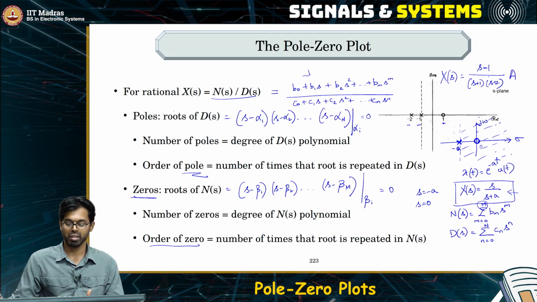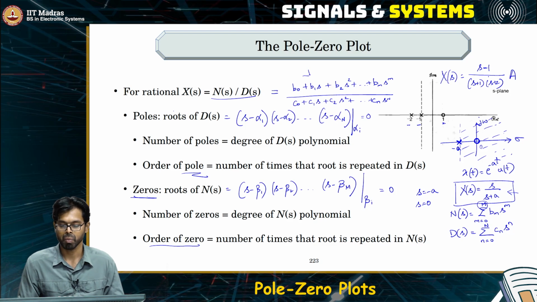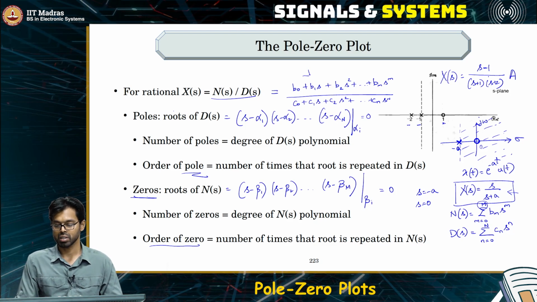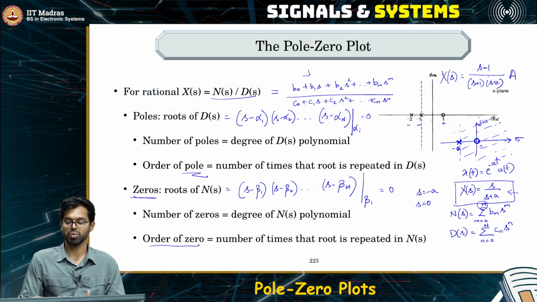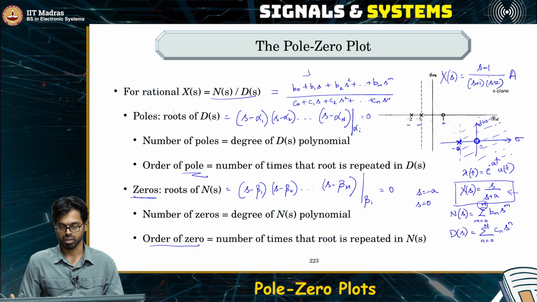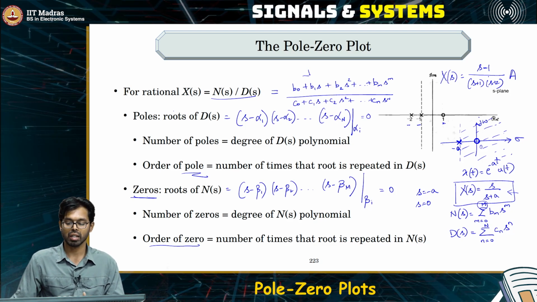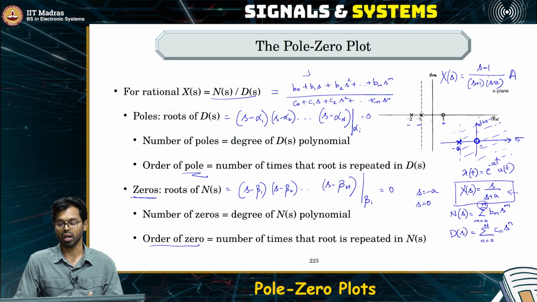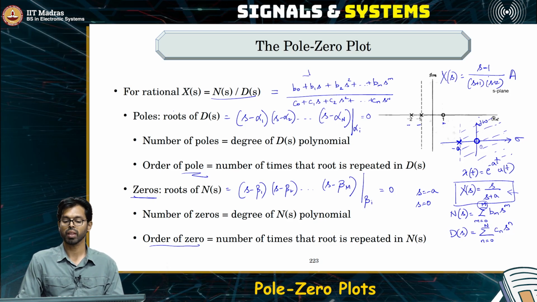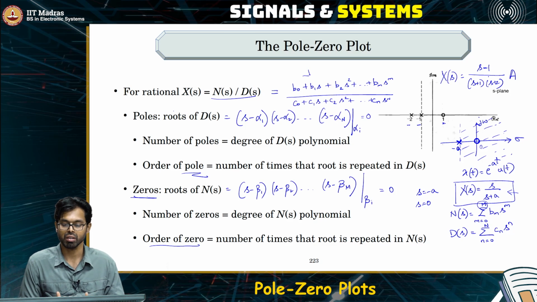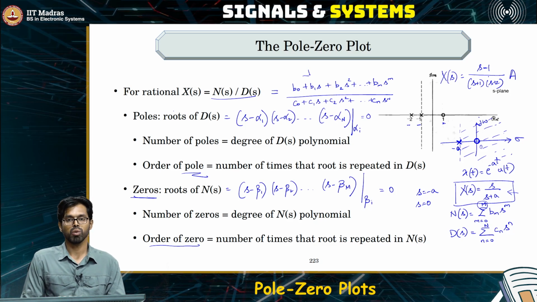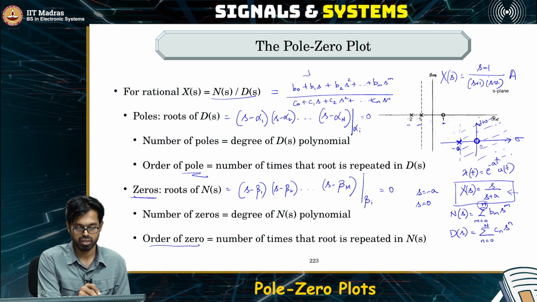So why do we even study this Laplace transform? We saw that we study Laplace transform because Fourier transforms may not exist for certain cases. And then we saw that Laplace transform is fully defined only when the ROC is also given to you. Now we are seeing a different thing, the pole-zero plot, and the pole-zero plot is specific only to rational transforms.